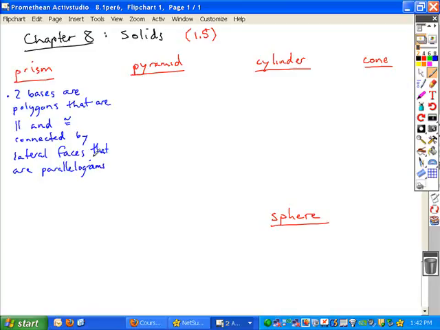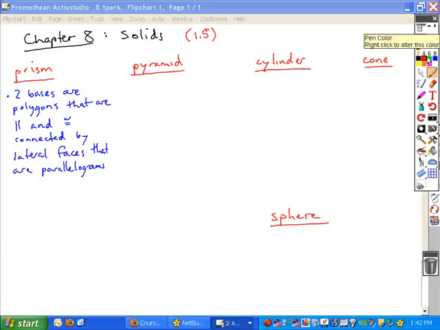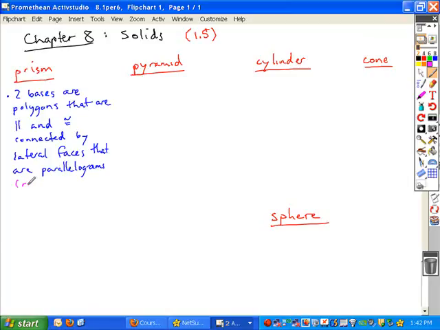And for the most part, what we're going to be dealing with are right prisms. So not only are they parallelograms, more specifically, they will be rectangles. Pretty much all the prisms that we're going to talk about in this chapter will have rectangular lateral faces.